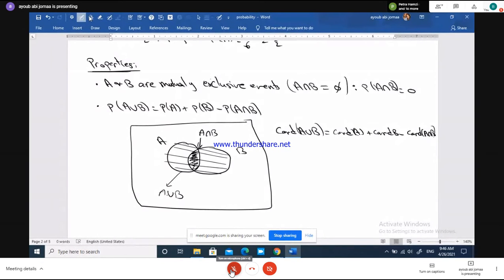Cardinal of B includes all of B, including this part. So this part is counted twice, once in A and once in B, the same number of elements is counted twice. That is why you subtract once, minus the cardinal of A intersection B.